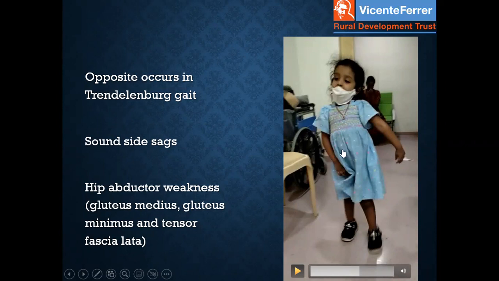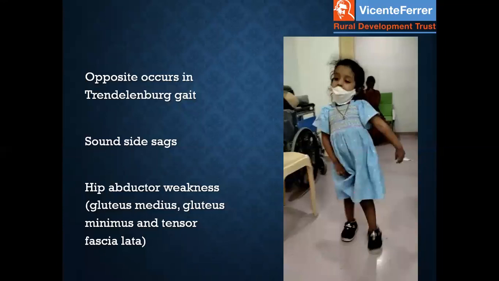So here which abductors are weak? Right abductors are weak. So she is swaying to both sides, means both abductors are weak. So to which side she is swaying, that side will be the weaker side. So always the child sways to the weaker side.